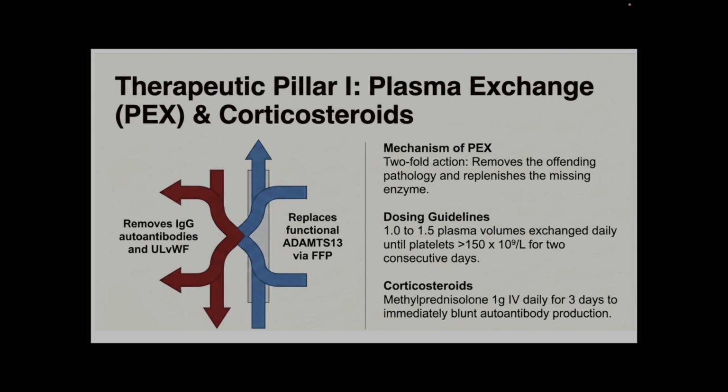Corticosteroids are used to suppress the immune process responsible for autoantibody production. The slide highlights intensive plasma exchange and high-dose corticosteroid therapy as the initial therapeutic approach. So the principle is straightforward. Remove the pathogenic antibody, replace the deficient enzyme, and suppress the immune response.